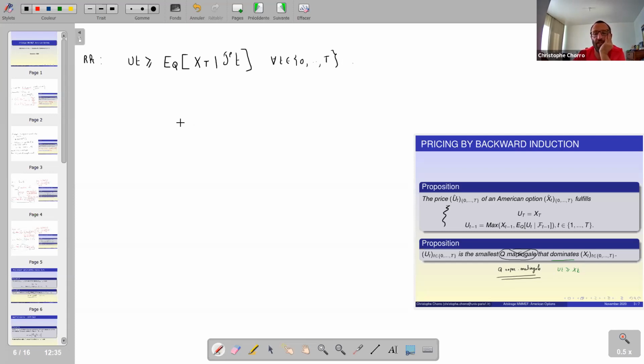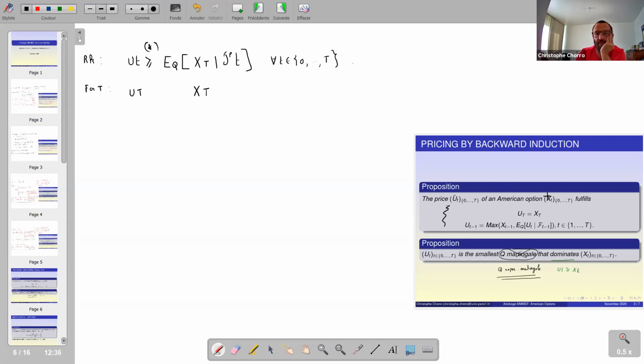So you can do it in several ways, okay? But one way to do it is to do a backward induction once again, okay? So what happens for capital T in this expression here that I call star? I have here U_T, and you have here, because small t is capital T here, X_T.